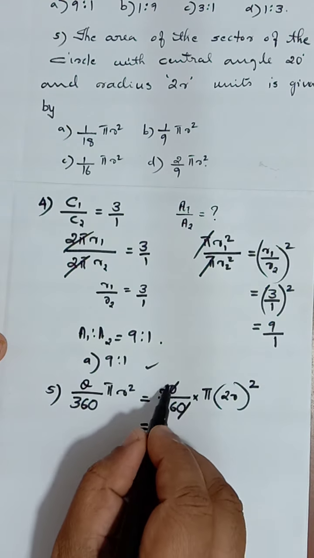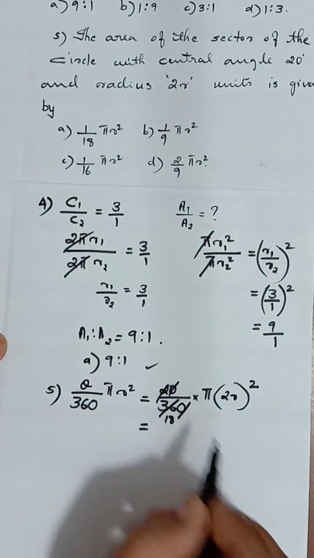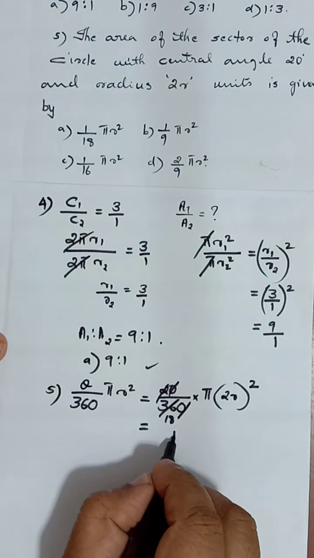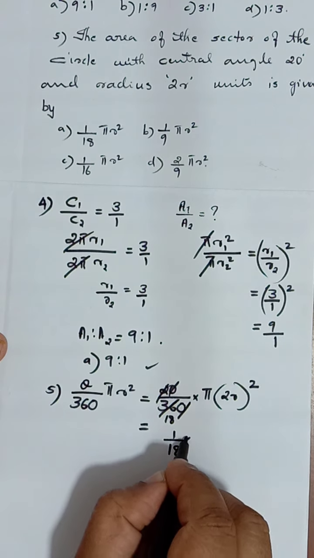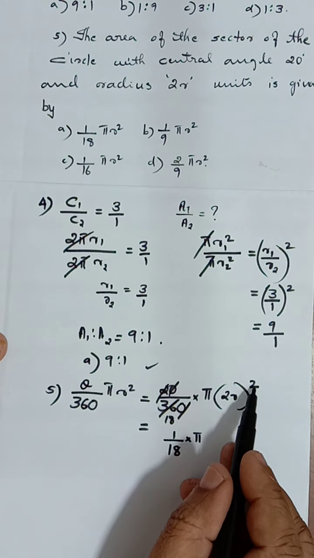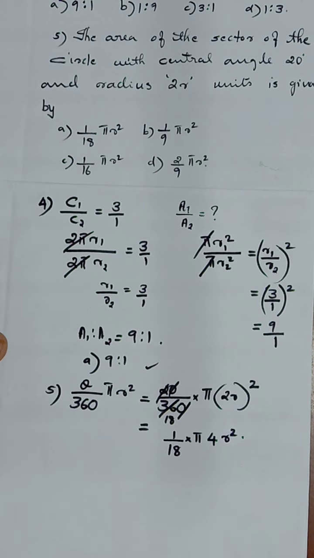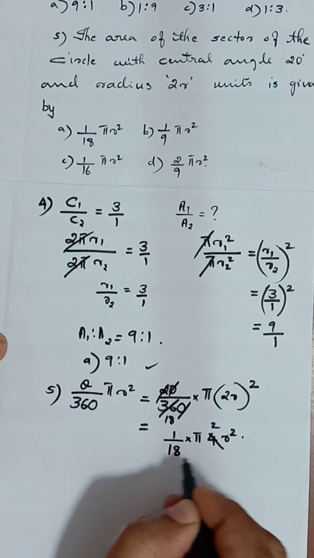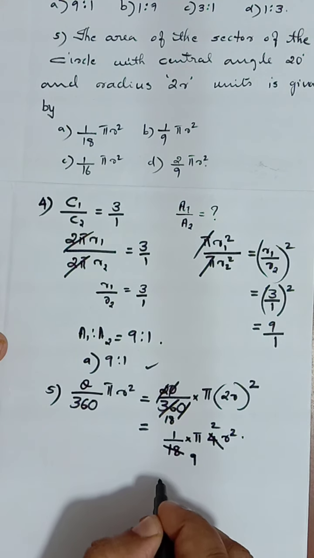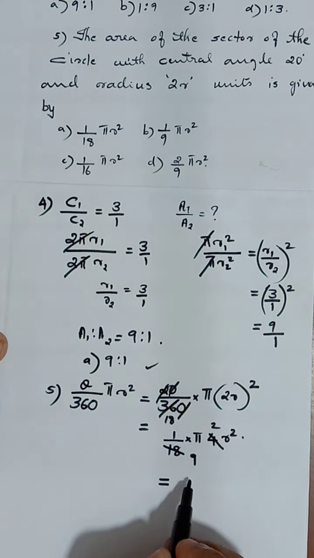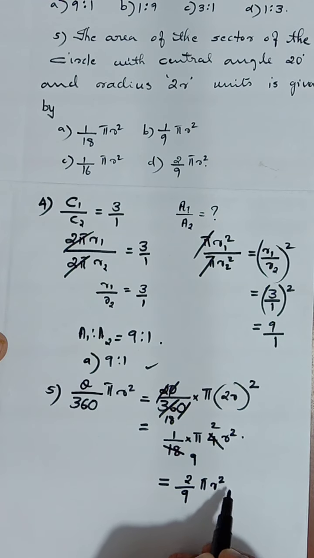So cancel it children. So we are getting 18 in the denominator. So 1 by 18 pi into 2 2s are 4 r square. Okay. Again you can cancel 2 times. Here it is 9 times. Check the answer. We have 2 by 9 pi r square.